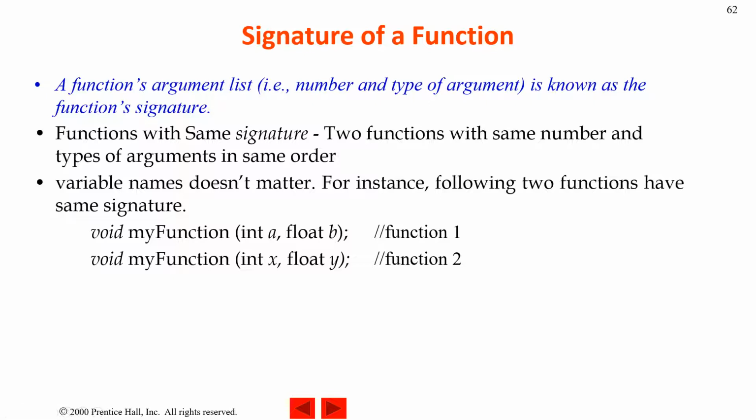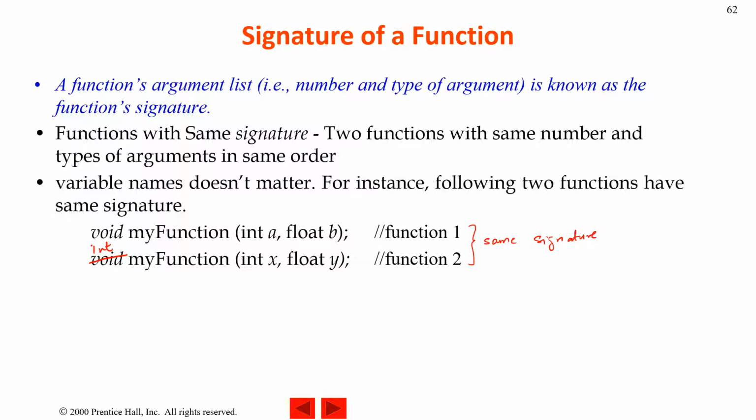Similarly, अगर मैं इसको काट के यहाँ पे int कर दूँ, even then they have the same signature. So the return type doesn't matter, the name of the variable does not matter.